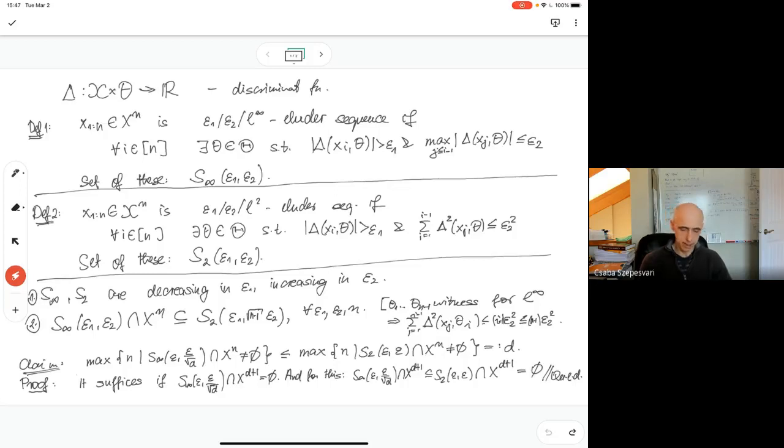Okay. So again, if you define d as the Eluder dimension, the maximum length of L2 Eluder sequences at the scale of epsilon, then the claim says that the maximum length for the L infinity Eluder sequences where the second parameter is scaled down by a factor of square root d is also bounded by the same number d.